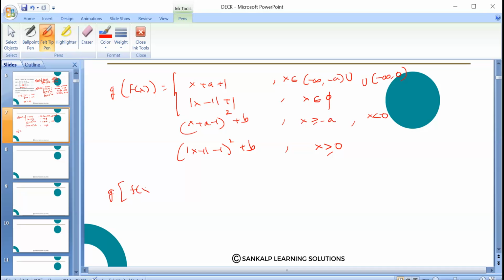Or we can simplify g of f of x as, first piece will be x plus a plus 1, x is lesser than or equal to minus a.